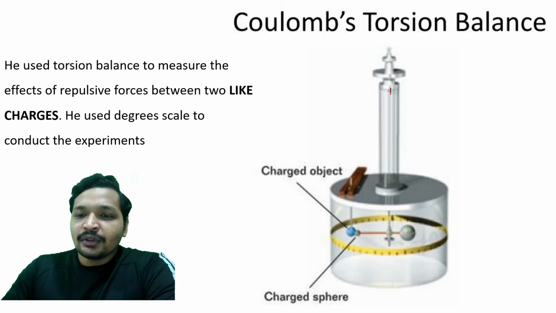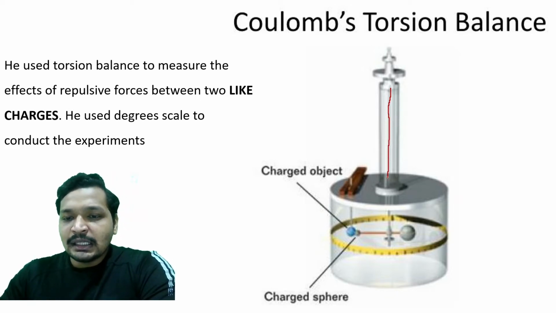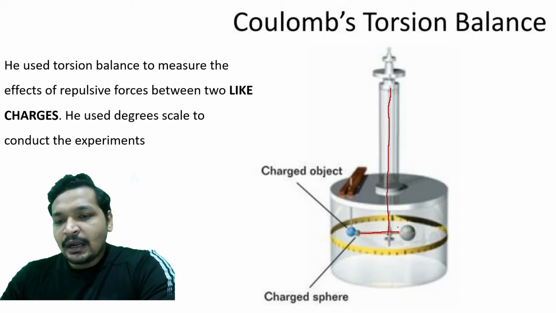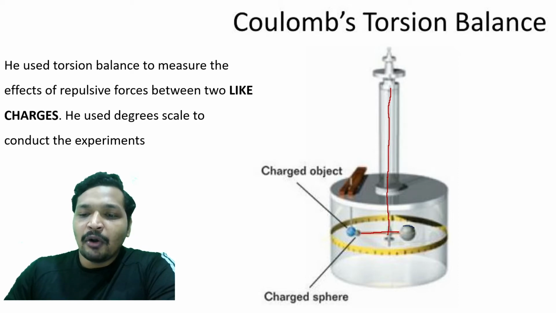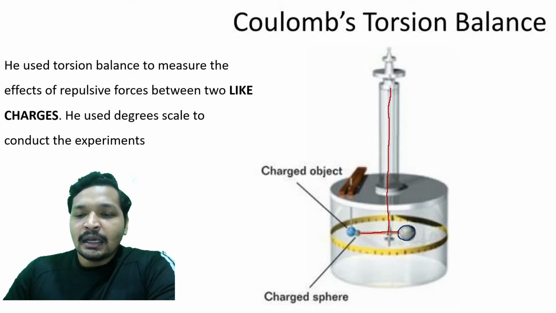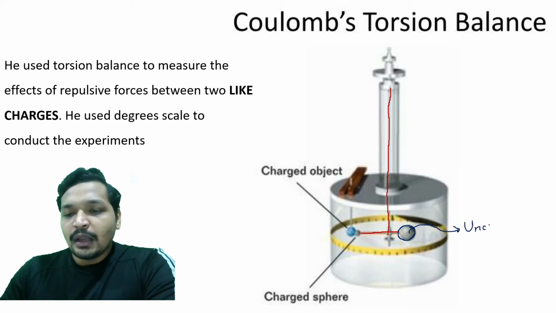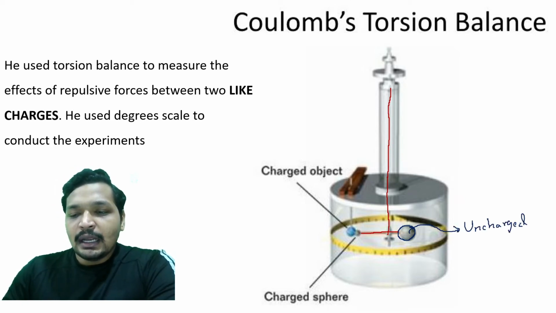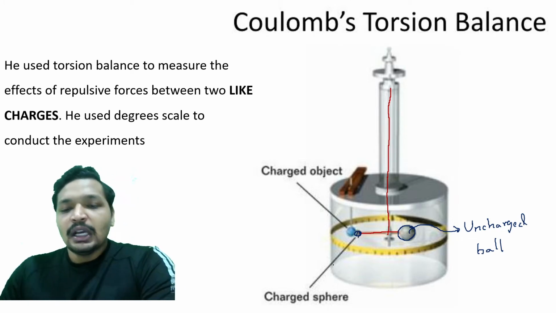In this torsion balance, there would be a silk fiber thread and a needle. On this needle you will have a ball, which is an uncharged ball or sphere, and you will have a charged ball or sphere on the other side.